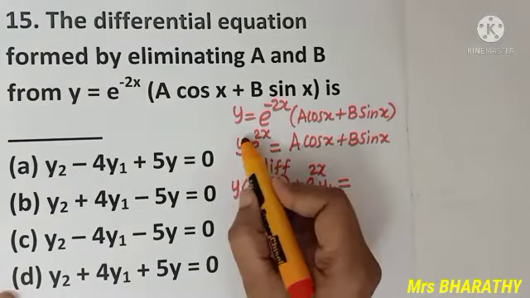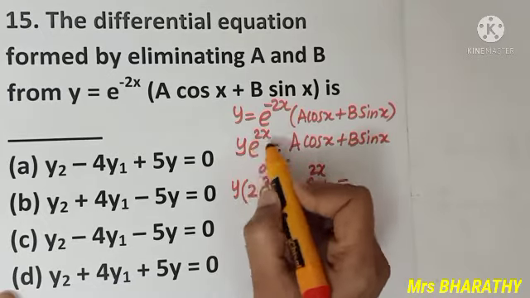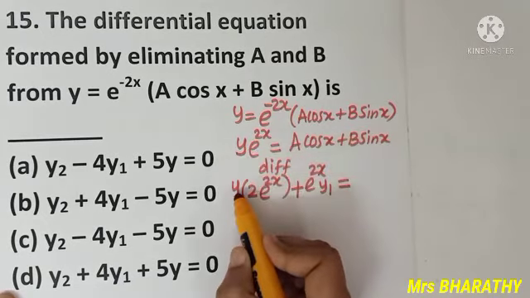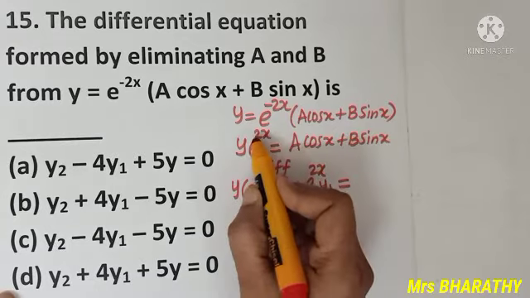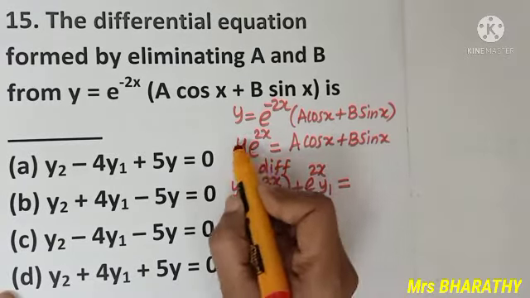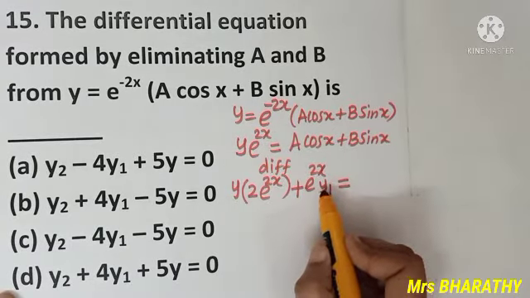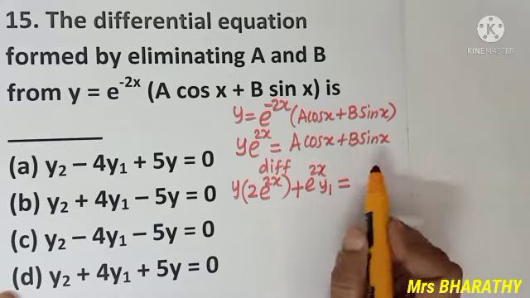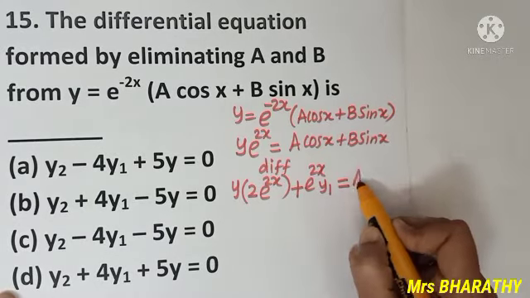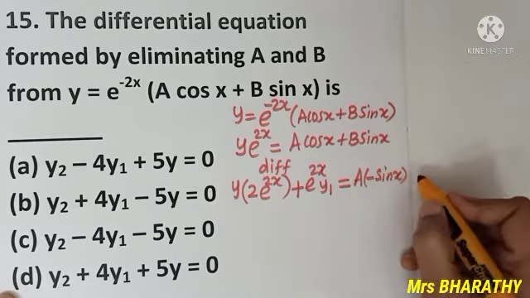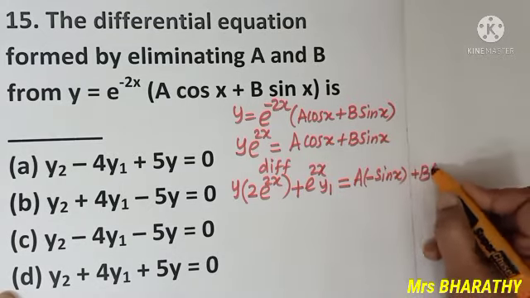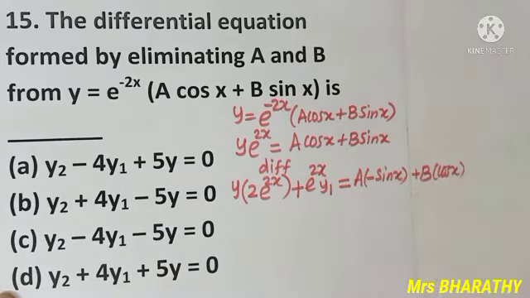So, as I differentiate, it is in product. Keep y, differentiate e power 2x, plus keep e power 2x, y becomes y1, the first derivative. RHS, a cos x will become minus sin x, plus b sin x will become cos x.